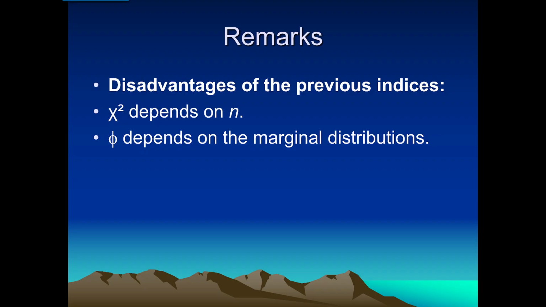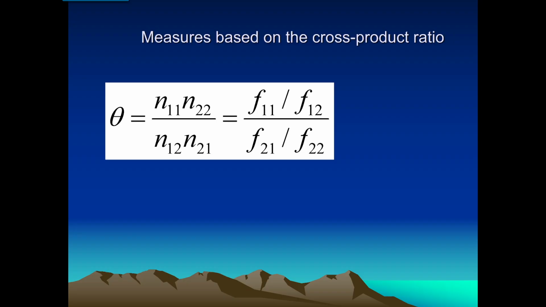Now, there is another measure which is called, probably you have heard, the so-called cross-product ratio. If you watch football matches, there are the bets, the odds. Did you hear about the odds? So this is a ratio among the odds.